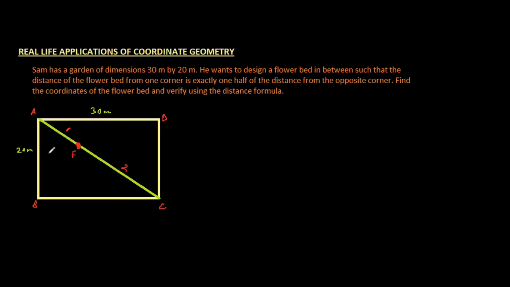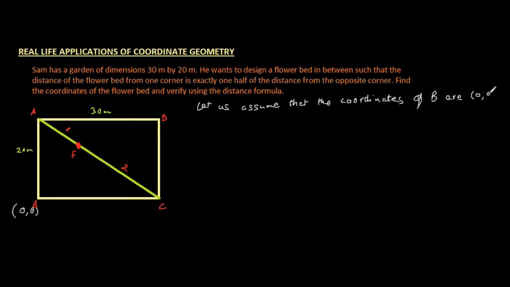We don't know what the coordinates of each of the given parts is, so we will have to assume. So let's take B as 0, 0. So we write, let us assume that the coordinates of B are 0, 0.